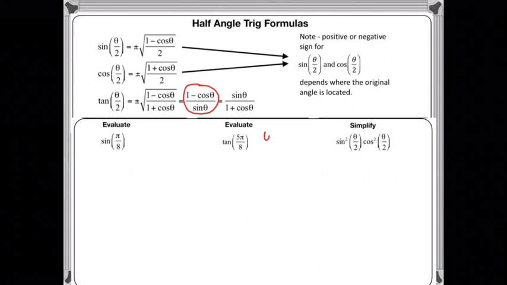Let's start by finding out what theta is. We set theta divided by 2 equal to whatever angle we have sitting there, and multiplying the 2 up here, theta is going to be 5 pi over 4.